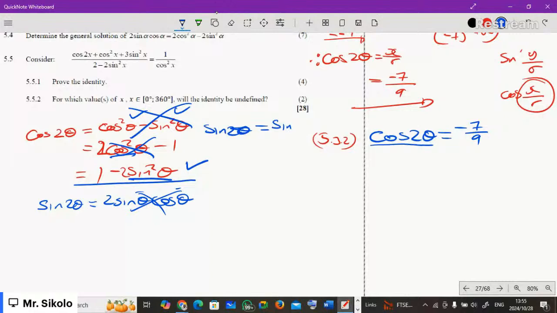So which identity did we choose? So cos 2 theta is 1 minus 2 sine squared theta, which is that 7/9. Then we play with it, we take the 1 and transpose it to the right hand side. Then after taking that to the right hand side, we divide by -1.